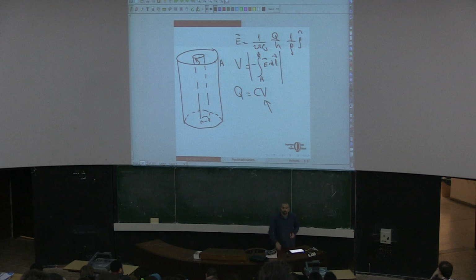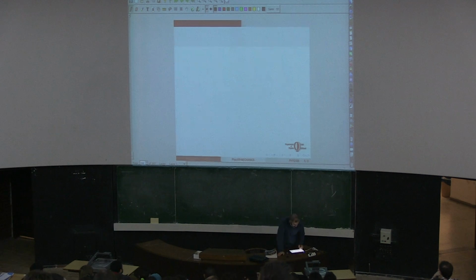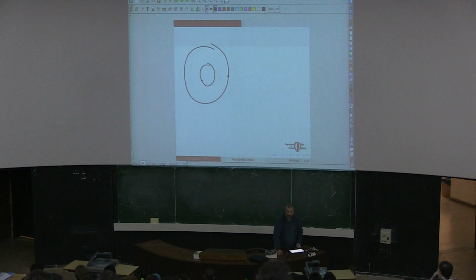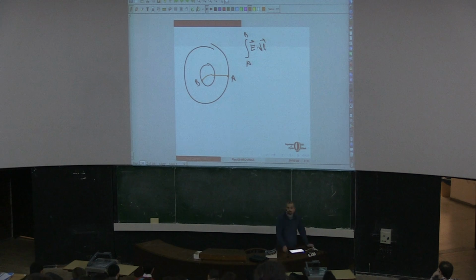Now, let's look at it from the top. It will be easier to evaluate this integral. This is one point, this is another point. Well, the easiest trajectory to go from point A to point B would be, for example, to go along the radial line and then to the point B. In this region, the electric field is 0, so I don't have any contribution.